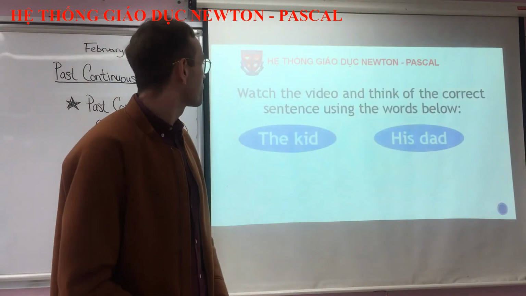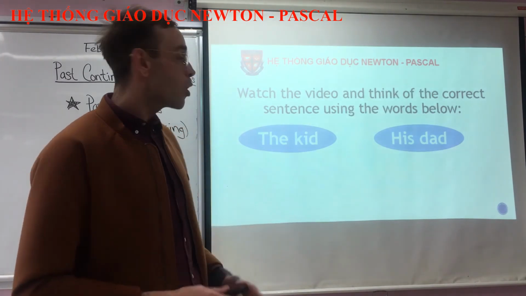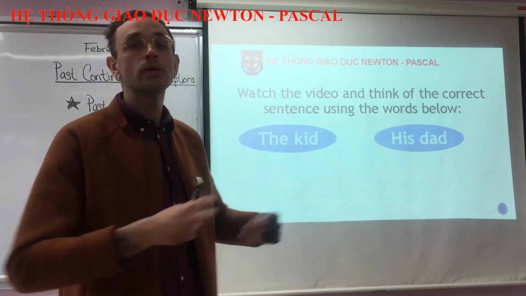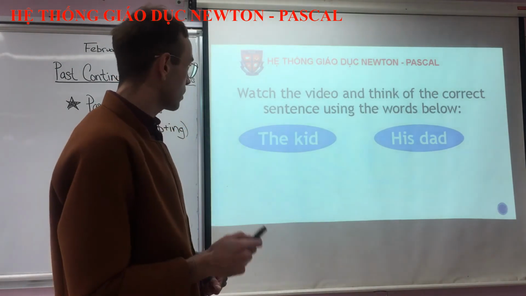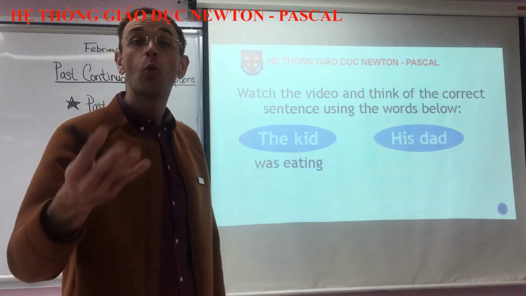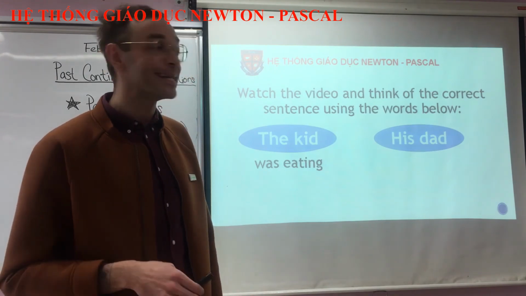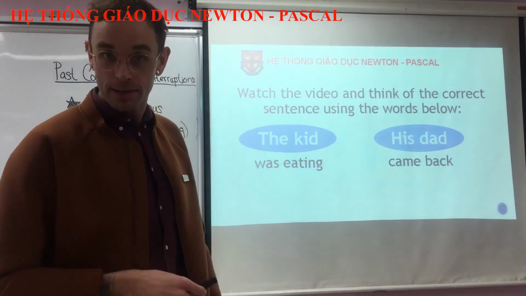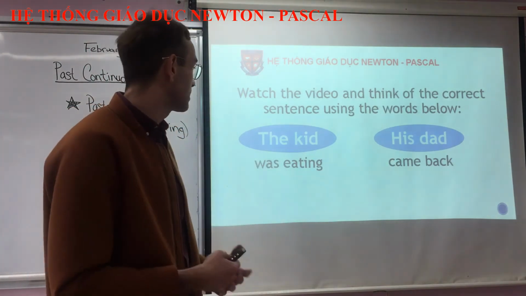Okay, welcome back. So, were you able to come up with a sentence in order to talk about the kid and his dad and what was happening in this video with the kid and his dad? Okay. Well, the kid was eating, right? What happened while the kid was eating? His dad came back. Okay? So how can we put these together into a complete sentence?